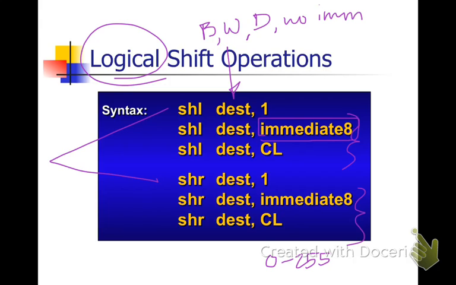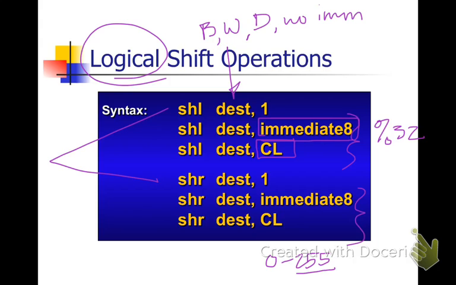I only have 32. So a 255-bit shift in a 32-bit register doesn't make sense. So for both immediate 8 and CL, since those are both 8-bit values, one an immediate, one stored in a register, they'll be reduced by modulo 32 before the shift occurs.